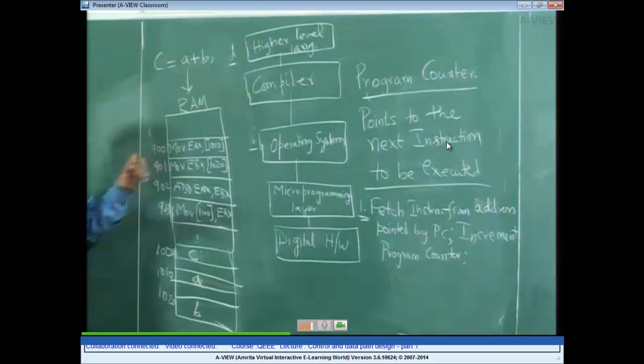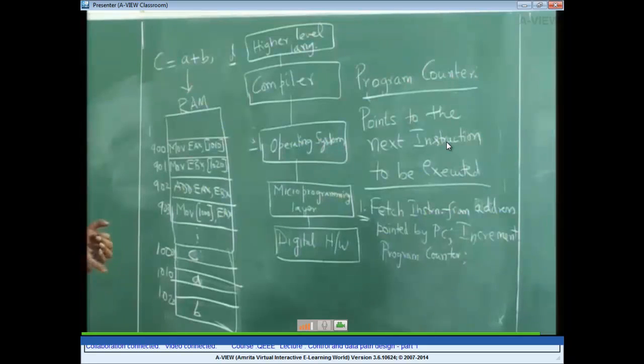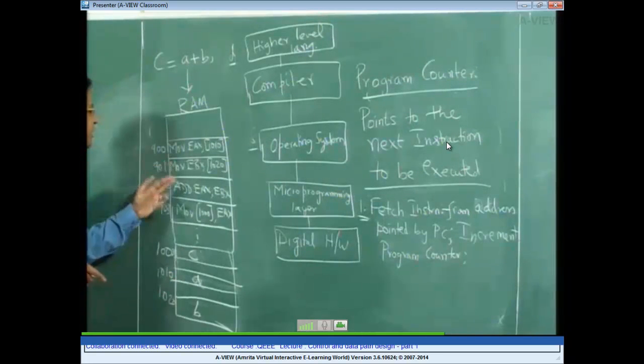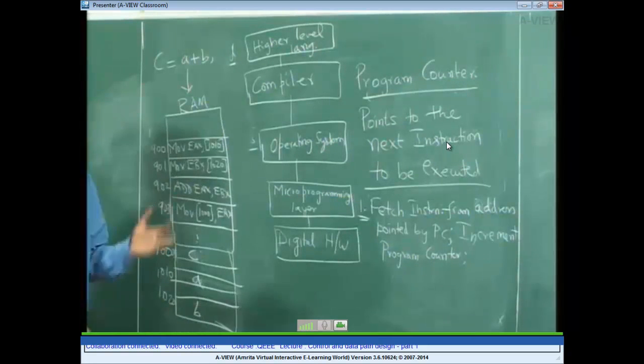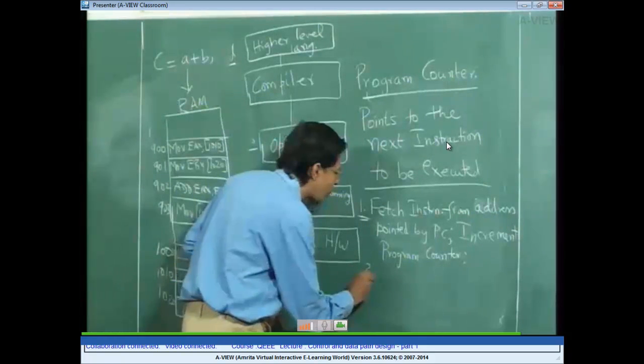Now after this is fetched, the hardware should know what it should do. Already you see there are 4 types of instructions here. One is move, another is add, and we can have multiply and several other things. First and foremost, the hardware should know what that instruction has to do. So the second step is to decode that instruction.